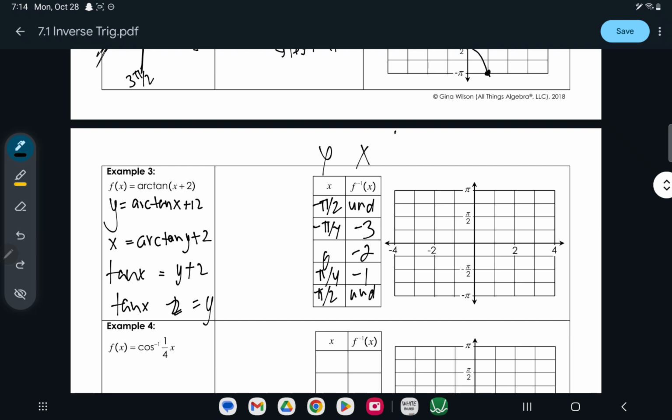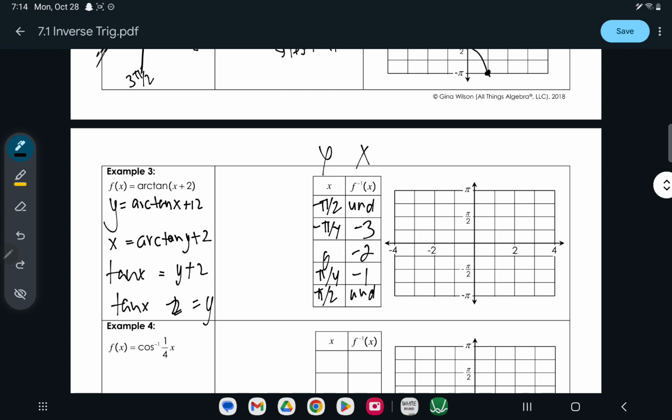So undefined is usually 1 over 0. So when I switch it, it's really 0 over 1. So at negative pi over 2, we're at 0. What am I doing? Let's not do that.